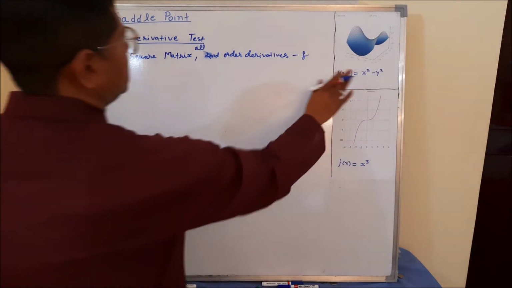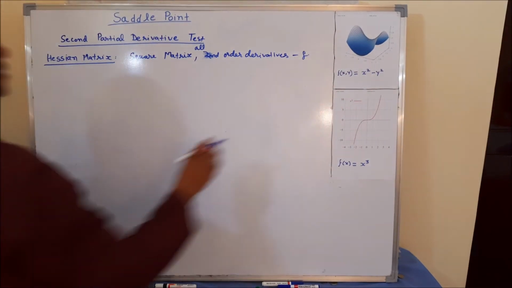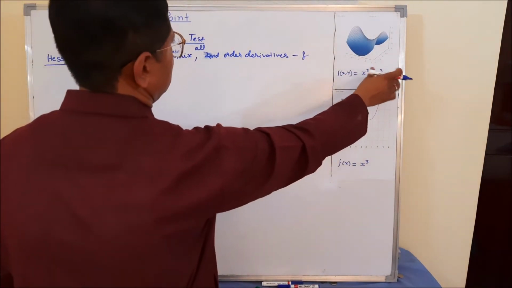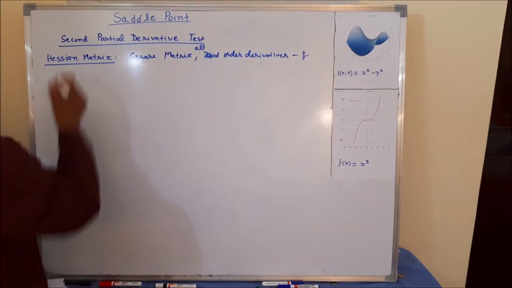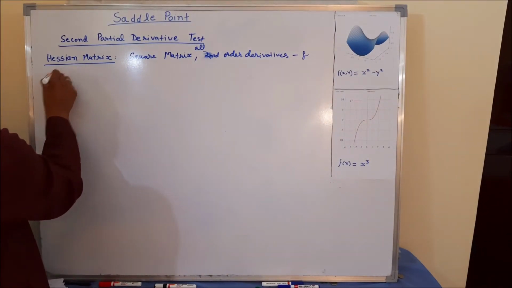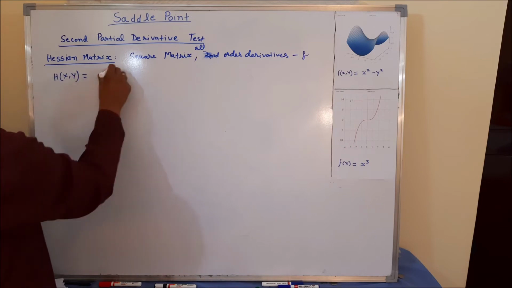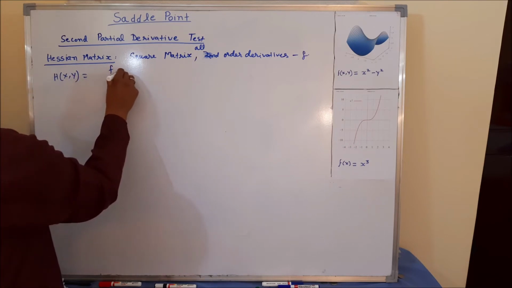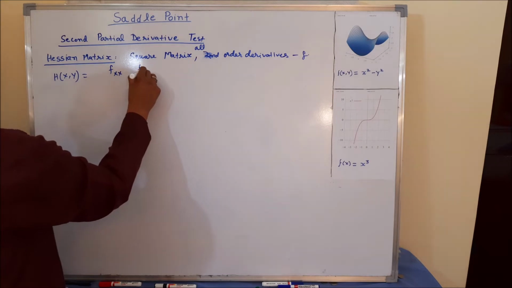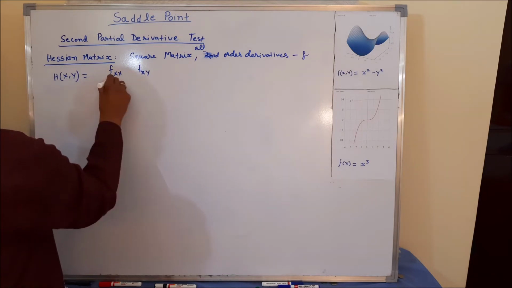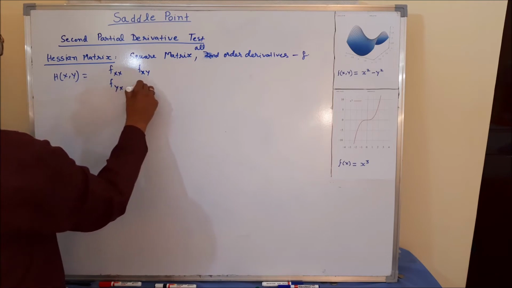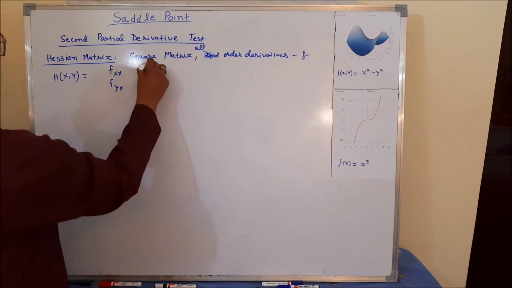In the current scenario we are just taking hyperbolic paraboloid functions. So if we have just two variables x and y, our Hessian matrix will be given by fxx, fxy, fyx, and fyy.